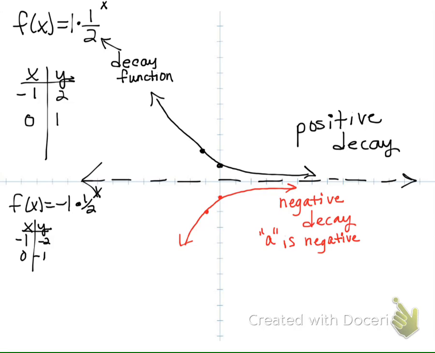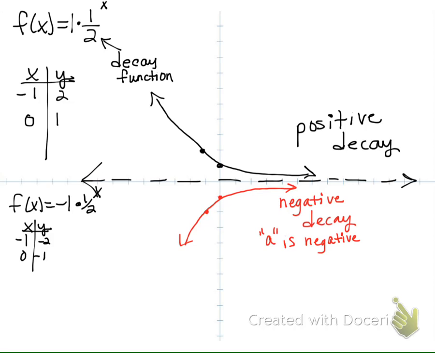Write that somewhere in your notes. The only thing that we're looking for on the A value is if it's positive or negative. It can be a fraction, it can be a whole number, that's fine. But we're just checking to see, is it positive or negative?